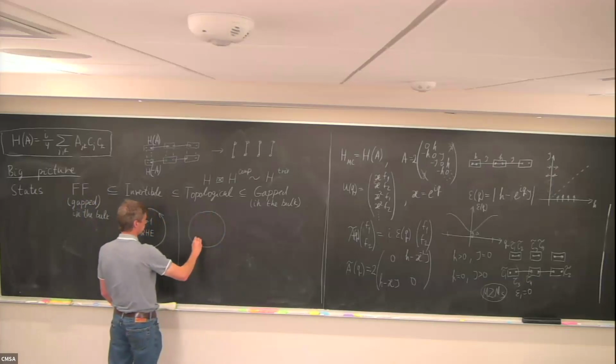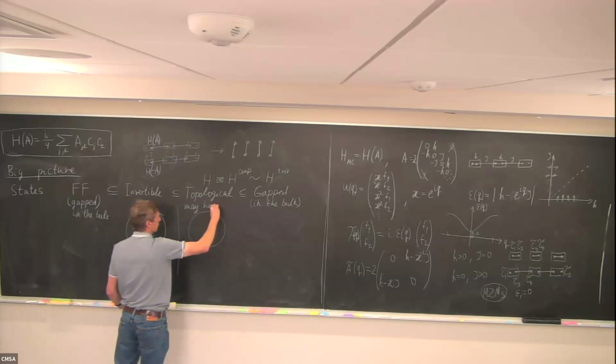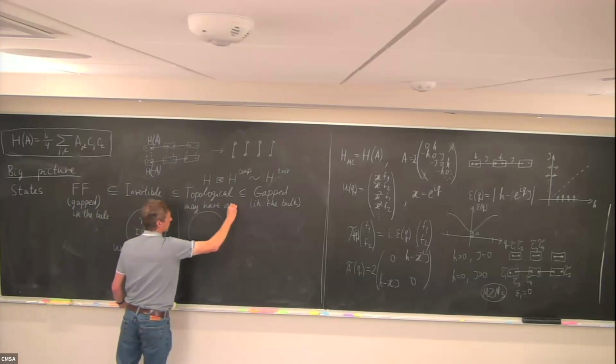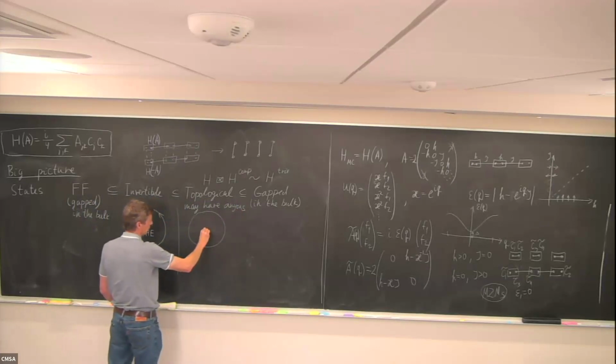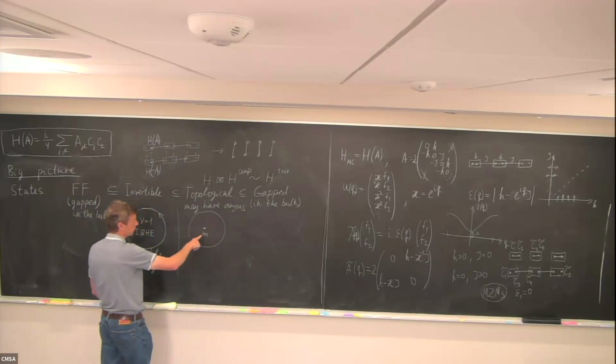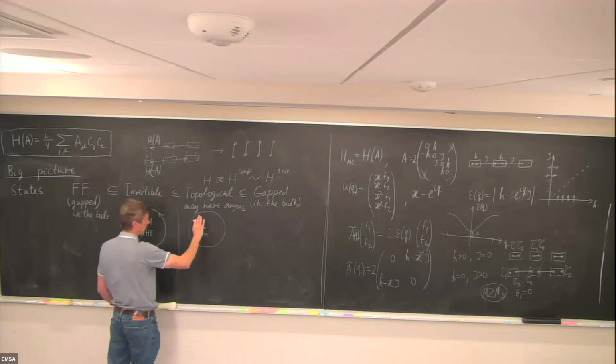Topological phases may have one more interesting feature: anyons. This is an example. In the toric code, there are anyons of type M, magnetic vortices, plaquette excitations, and there are also E particles.